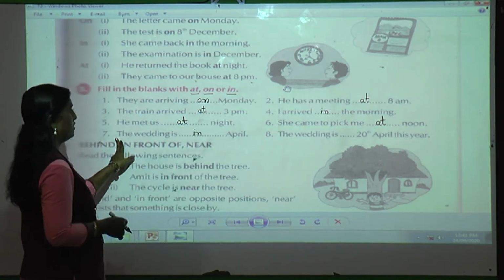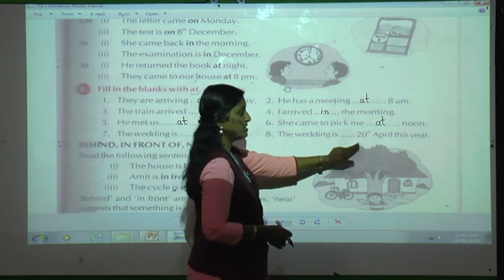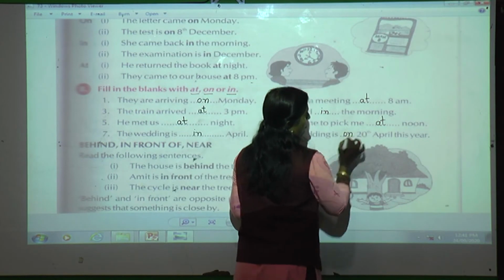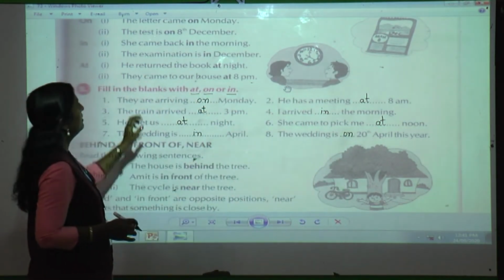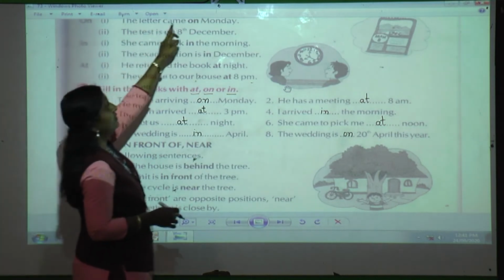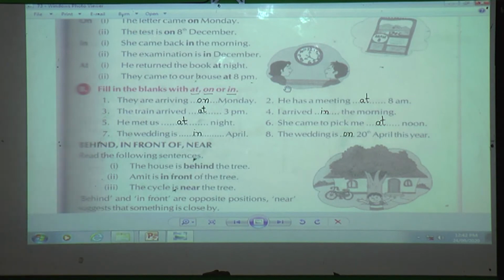And see here, can you see the difference over here? The wedding is in April and here they have mentioned a specific date. So the wedding is on. When they have mentioned a specific date, on we are going to use.